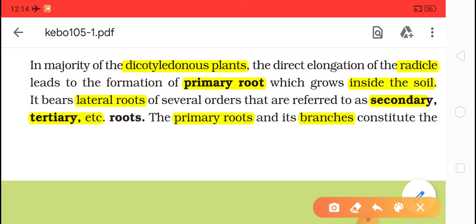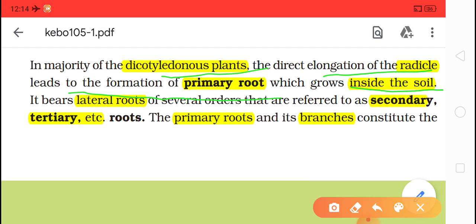Clear, children? So we can say that in dicotyledonous plants, the direct elongation of radicle leads to the formation of primary roots which grow inside the soil.